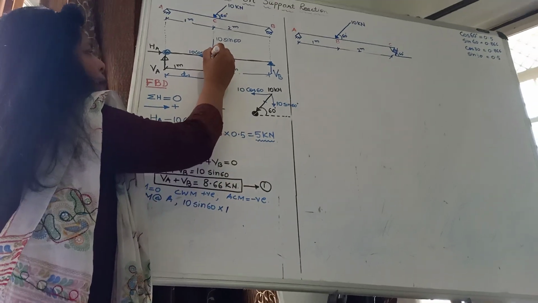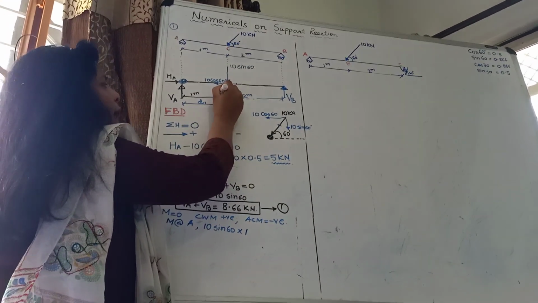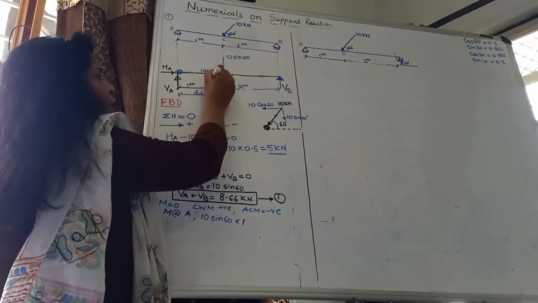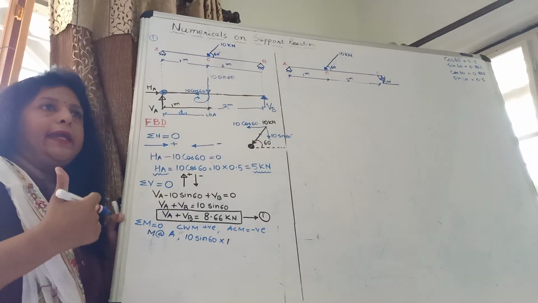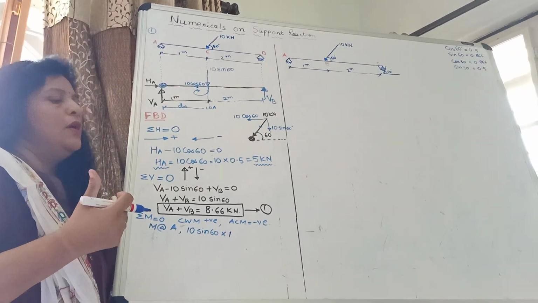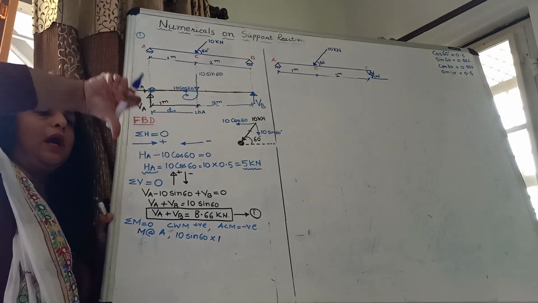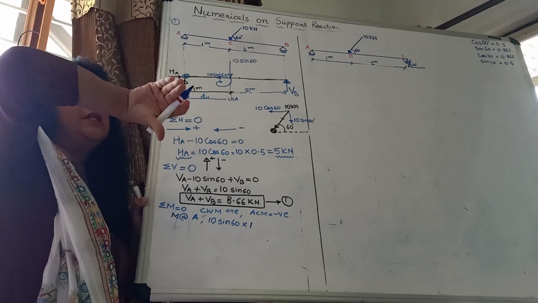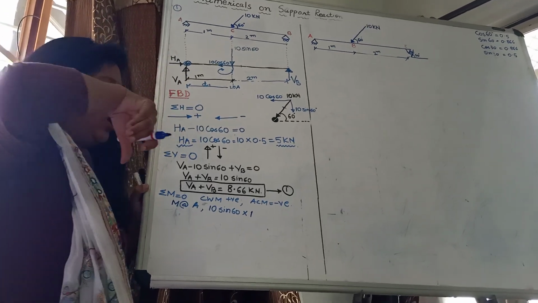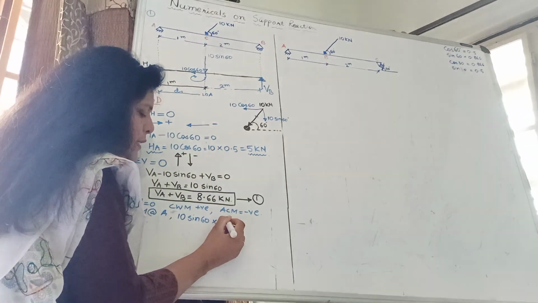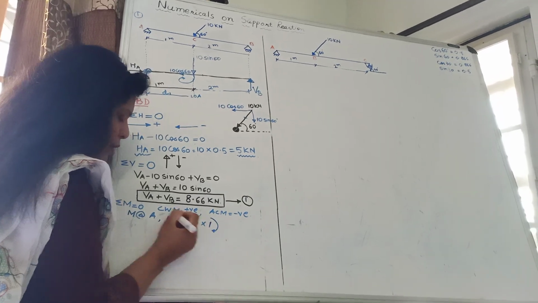How will it rotate? It will try to rotate in a clockwise direction, if we use our right hand thumb rule. The force is in the downward direction, so my right hand thumb will be in the downward direction and the fingers will show the direction which is clockwise, and clockwise is considered as positive, so plus.